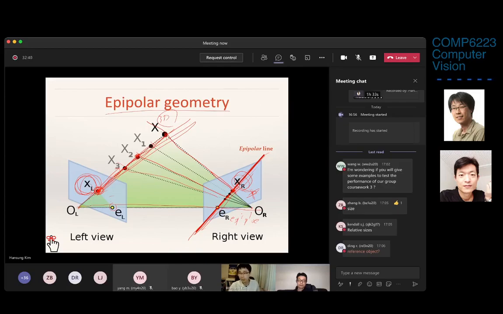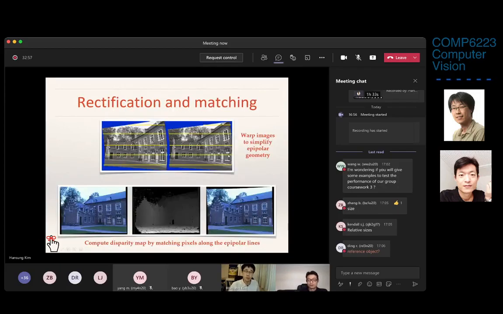But searching on this line might be a bit more time consuming, because it is in X and Y 2D dimensions, so you have to search along a diagonal line. We want to make it a bit more efficient. This is called rectification.